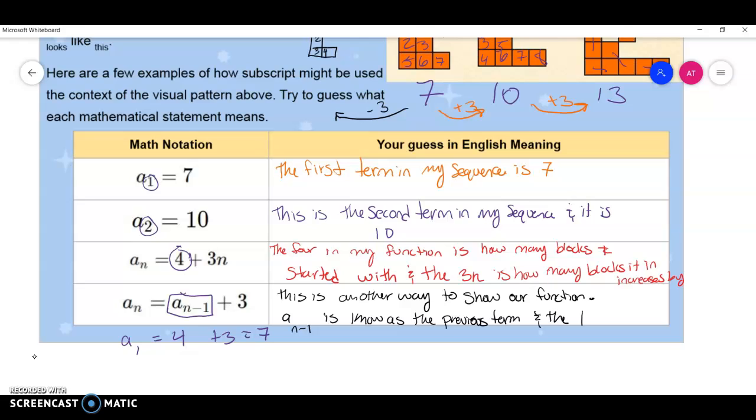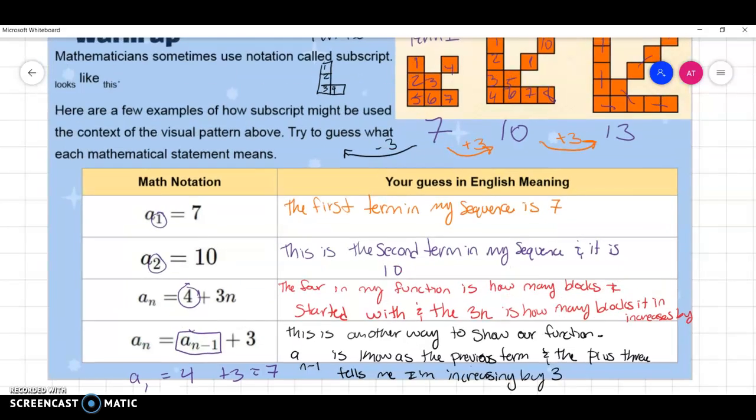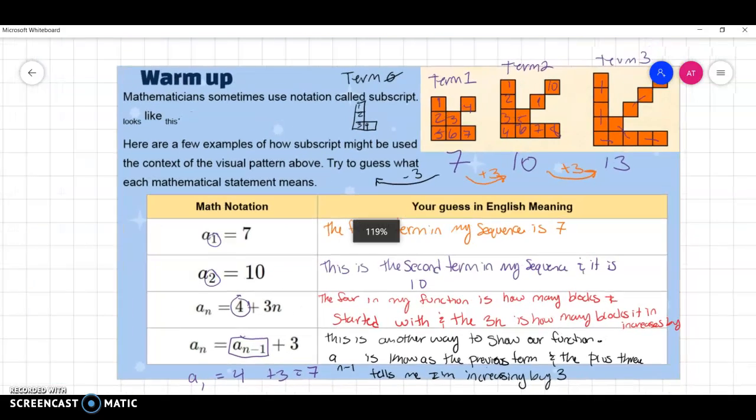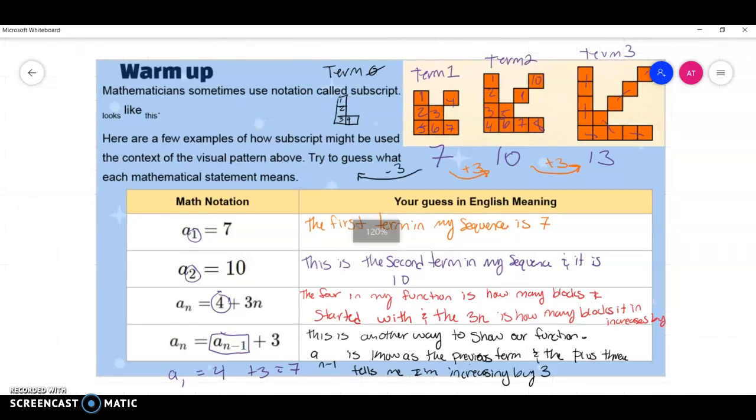And the plus 3 tells me I'm adding or increasing by 3. All right. So I know this might be looking a little weird. You might be like, what the heck is this? But don't worry, we're going to go over it today. This is just an intro to it.